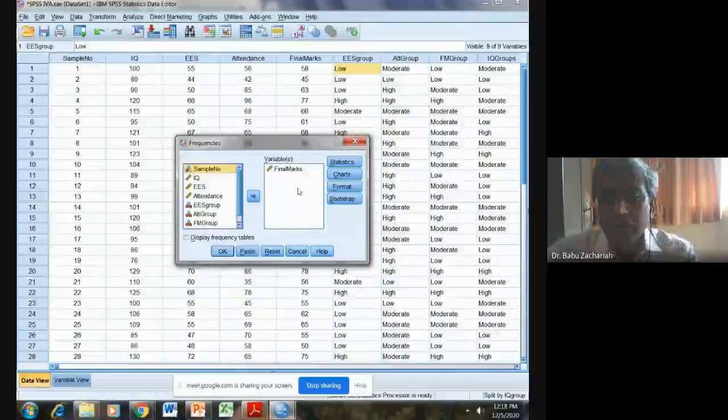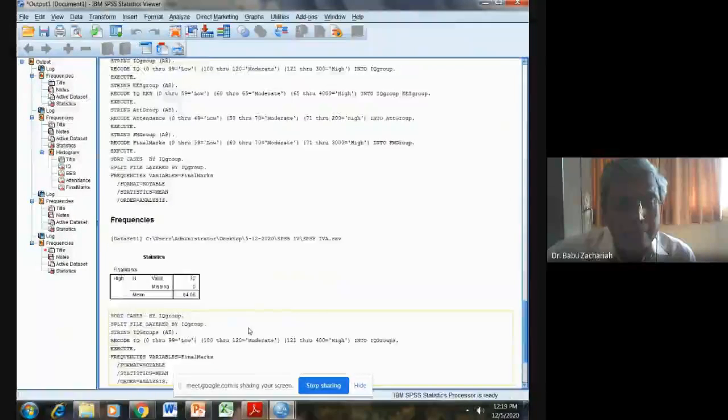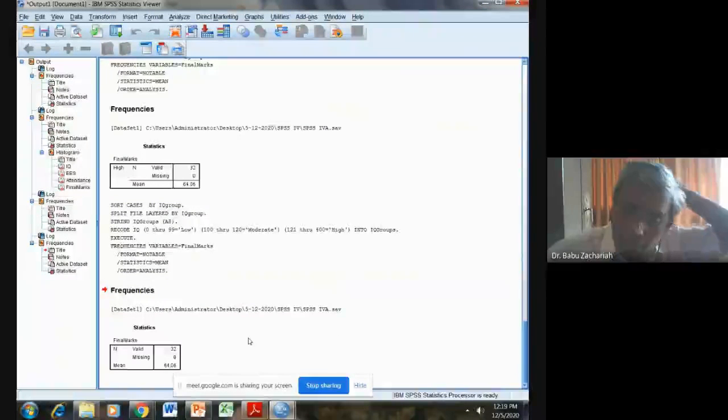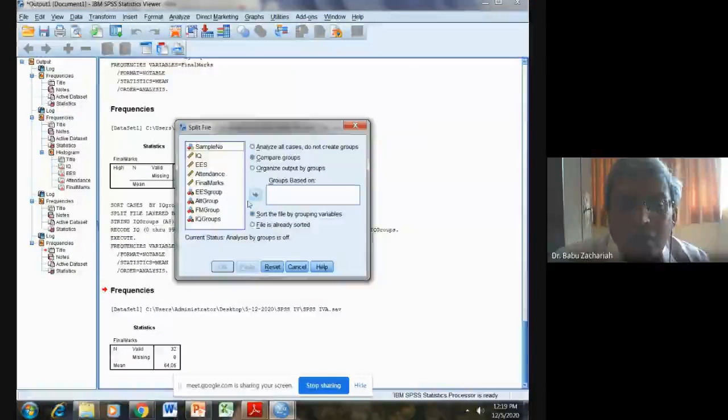Of course, we have made the selection, so just click OK. Final marks. I think this is working. Split file based on IQ groups.